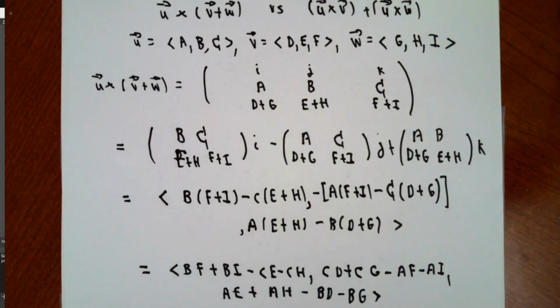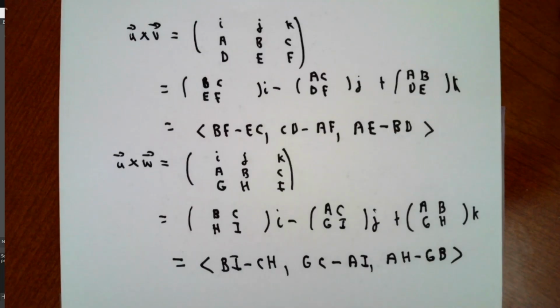In an effort to make the writing a little bit more clear, I'm using capital letters now. Next, I need to look at u cross v and u cross w separately. This is very direct. We calculate the cross products by doing the usual expansion.